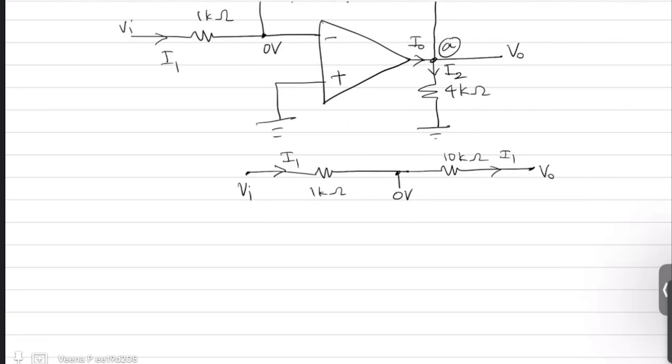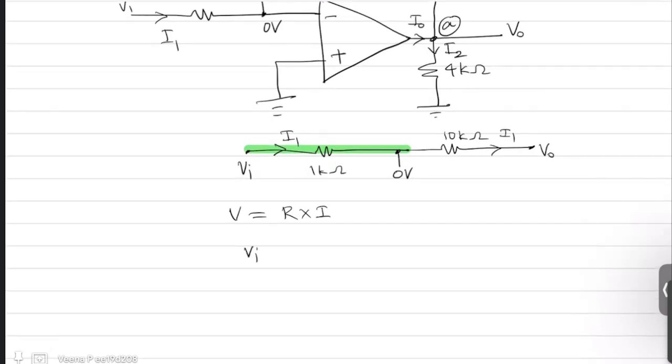Now with the input voltage, you can use this branch. We know that voltage is resistance or impedance times current. So that means Vi minus 0 is given by 1 kilo ohm times I1. This is I1 in terms of Vi.